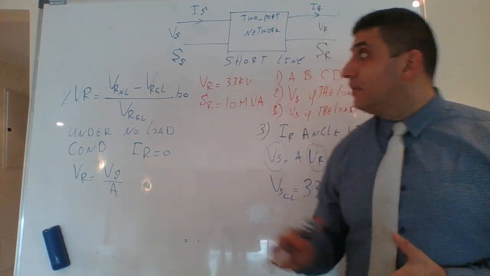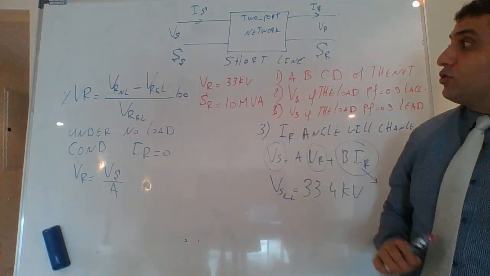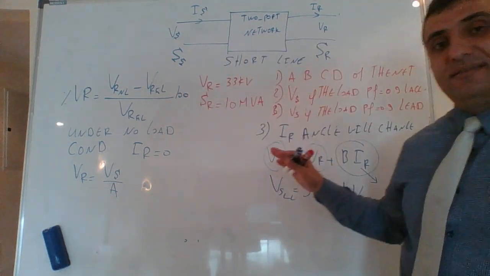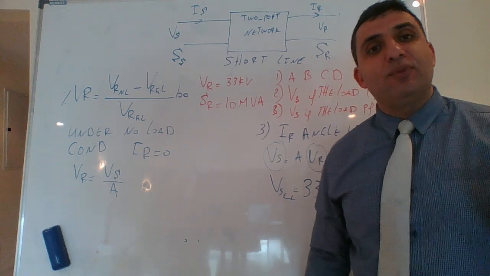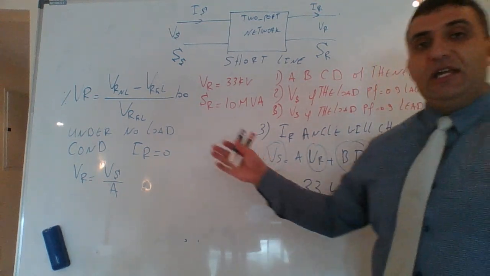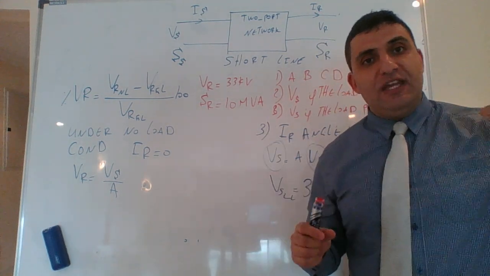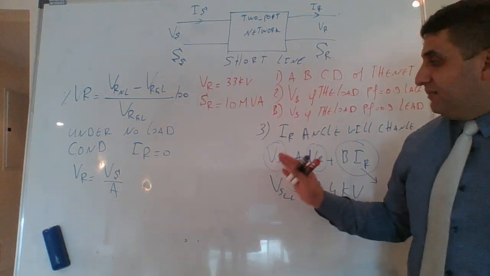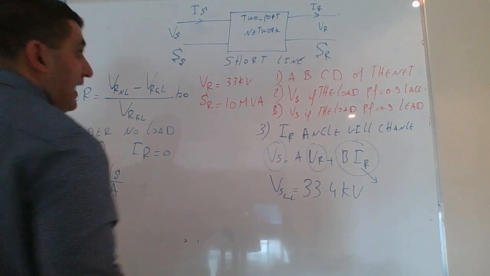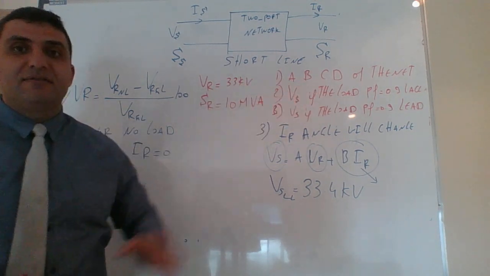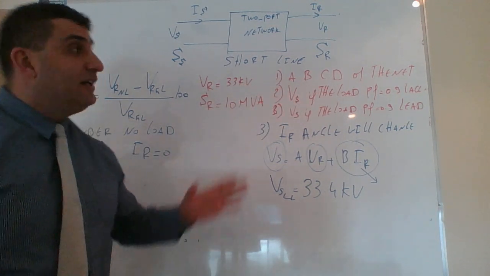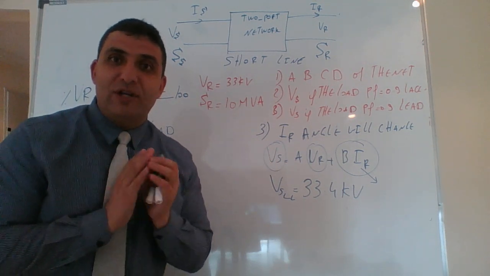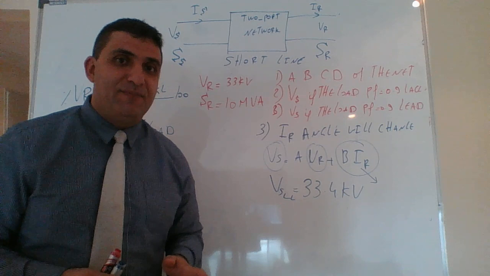For the short line, we said we will neglect the shunt component, which means I can draw the circuit VS with a transmission line and VR, IR. And based on this, I managed to find A, B, C, D parameters in respect of transmission line elements. That's why it was very important to understand the transmission line elements.